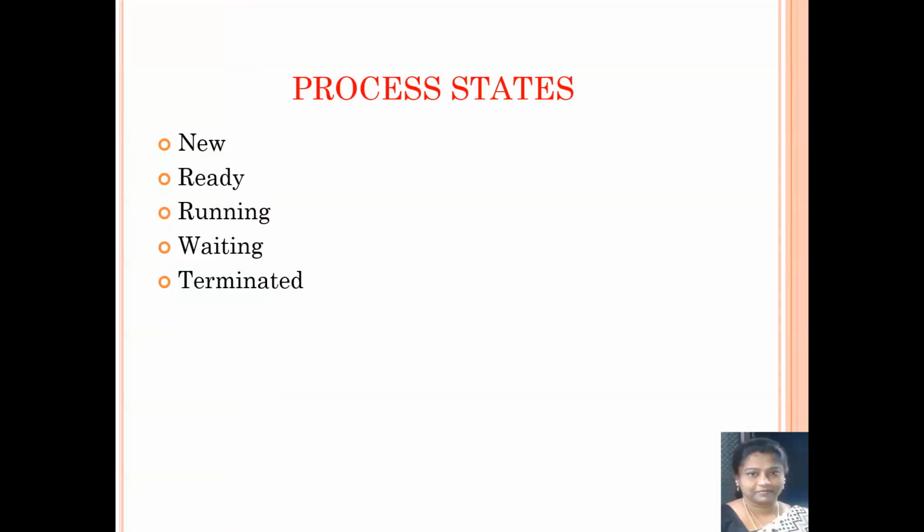That is, a process is an active entity, whereas a program is a passive entity. So when we say something is getting executed on the processor, it is nothing but a process.